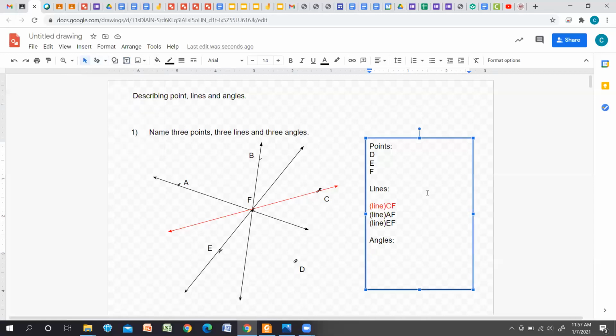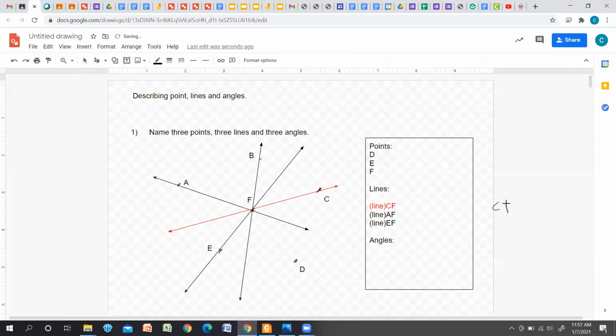You scribble, that's sort of like the free write way of doing this. So if you scribble, how you would do the line CF, you would just write CF, draw a line above it with arrows at the end. Usually to do angles, you draw an angle symbol, and then you say 3 letters from it. So there's different options here.